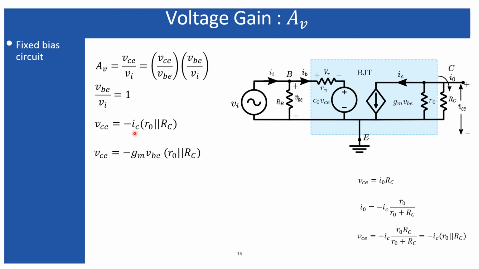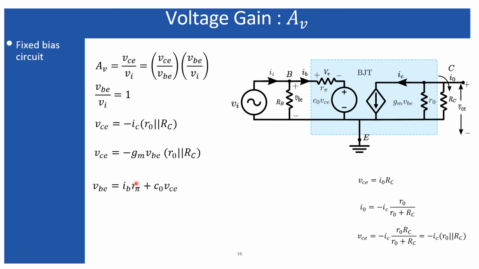Again, IC, we know that IC is equal to GM times VB. GM is the transconductance and VB is the base to emitter voltage. And what is VB? Apply a KVL within this input side. If you apply this KVL, VB will be equal to the voltage across this R pi resistance along with this voltage source which is coming as a feedback from this collector to emitter voltage.